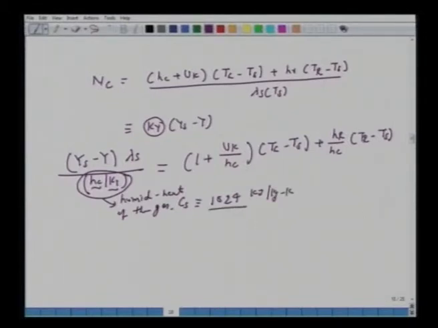So instead of calculating KY, we realize that HC over KY is humid heat, which we should be able to obtain from thermophysical properties of air at that temperature, 65 degrees centigrade, as 1024 kilojoule per kg Kelvin. Now in this expression, everything is known to us except TS and YS.